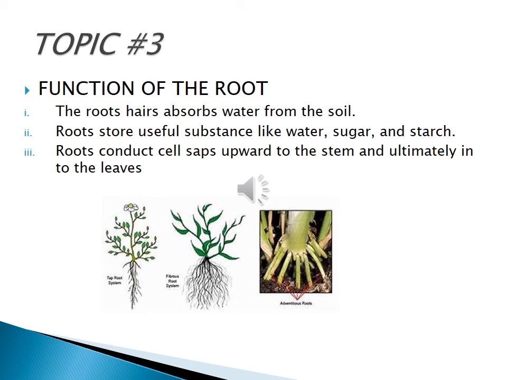Fibrous roots are seen in grass. In this type of root system, numerous roots of the same size grow from the base of the stem. These roots grow sideways and do not go very deep into the soil, like onion and weeds.